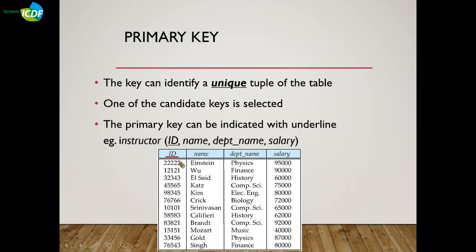So if a user submits a query command, this primary key is first considered to be used to identify the unique tuples and to avoid some ambiguity.